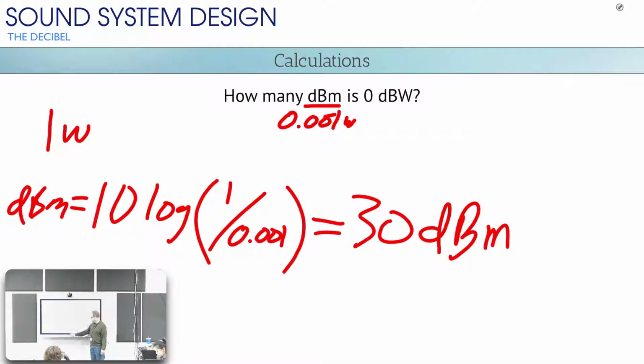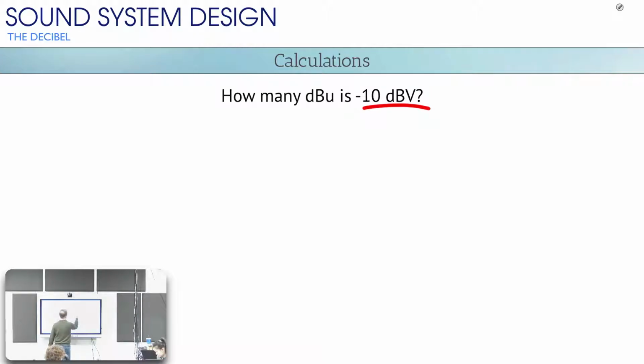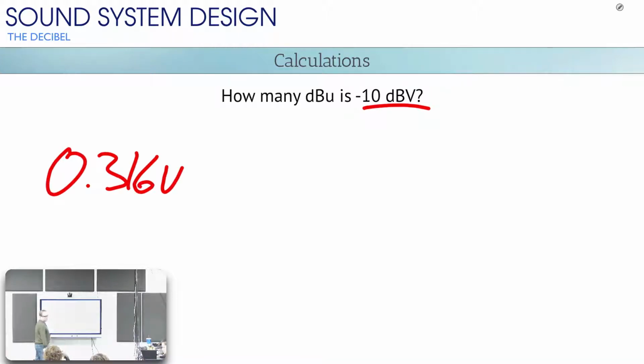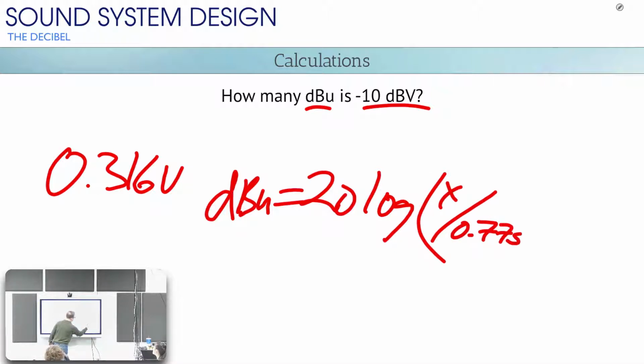Okay, so let's go back to the one before because I did that one wrong. We know that minus 10 dBV is 0.316 volts, because we already figured that out. The mathematical expression for dBu is dBu equals 20 times the log of x divided by 0.775, because 0.775 is the reference level for dBu.